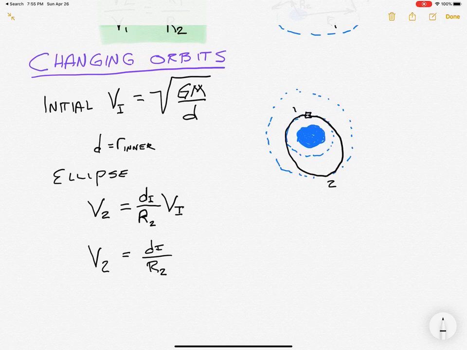And our v initial was square root of GM over d, still the inner. So let's just, for simplicity's sake, square everything.